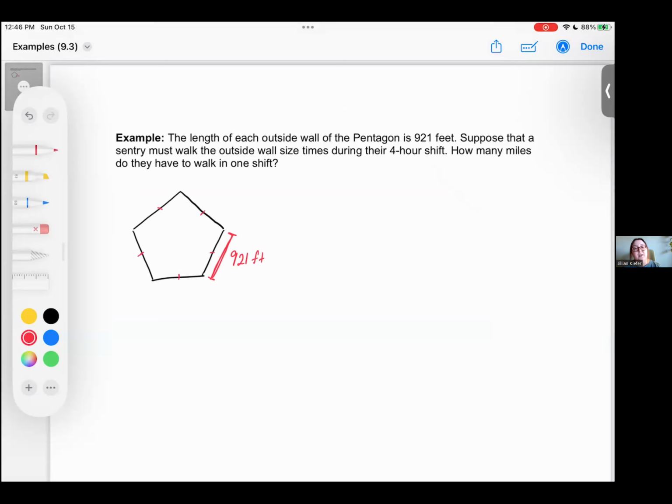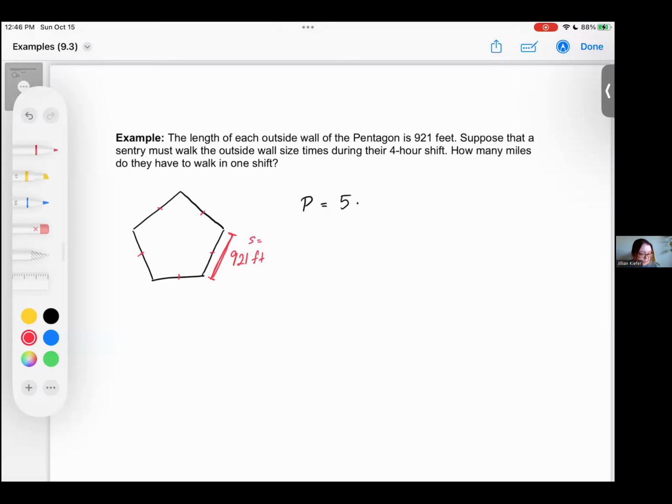They're all equal. So we can start off by just figuring out what is the perimeter of our pentagon in general, in feet. So in our case, the perimeter of our pentagon would be 5 times the number of feet that it is. So we can call this S for the side or something.